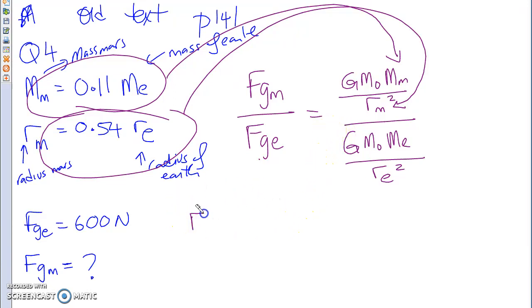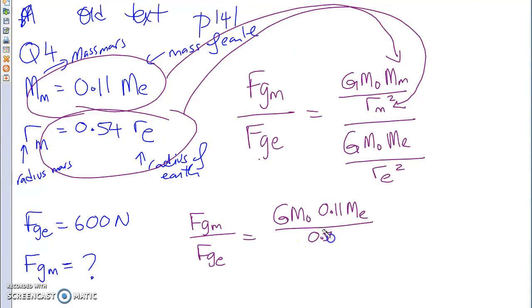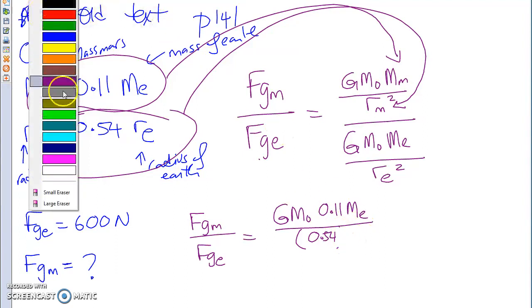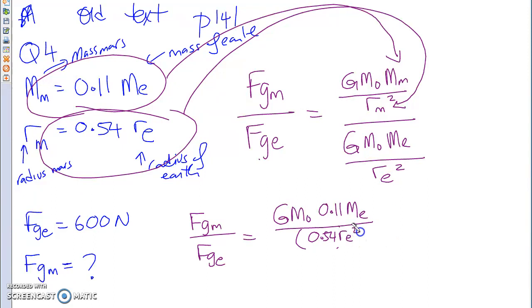So you end up with Fg Mars divided by Fg Earth, which equals big G, mass of object, 0.11 mass of Earth divided by 0.54 radius of Earth squared, divided by big G, mass of object, mass of Earth divided by radius of Earth squared.